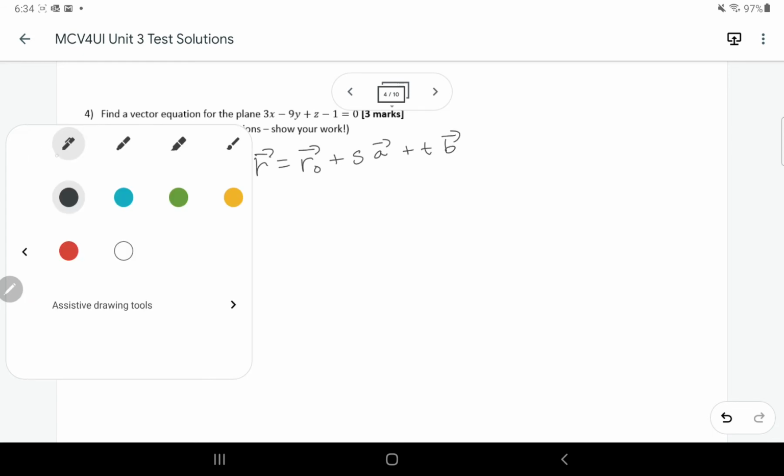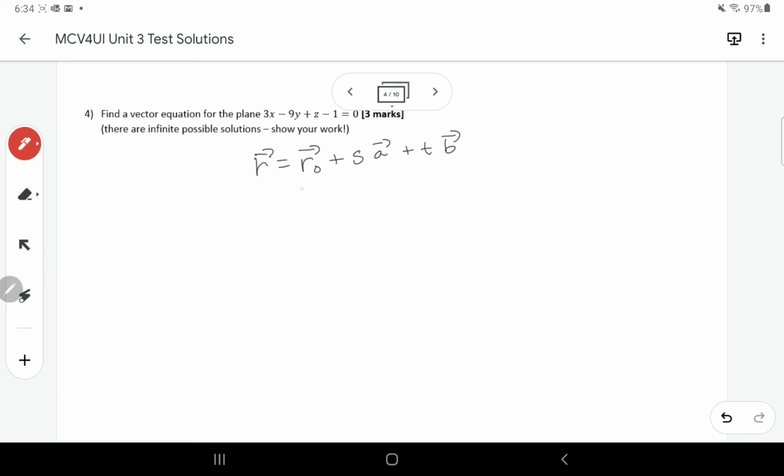Now, the first one is our position. So x naught, y naught, z naught, this point will satisfy the Cartesian equation.